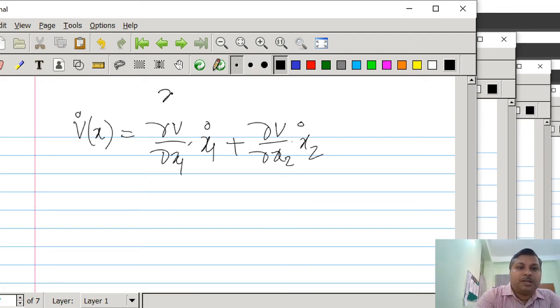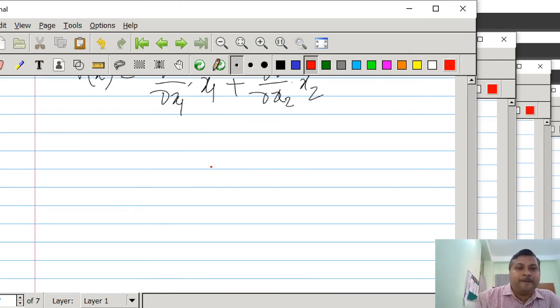And V is already given, half x1 square plus half x2 square, and x1 dot and x2 dot are also known. So if we compute that, it will be x1 into x1 dot plus x2 into x2 dot.